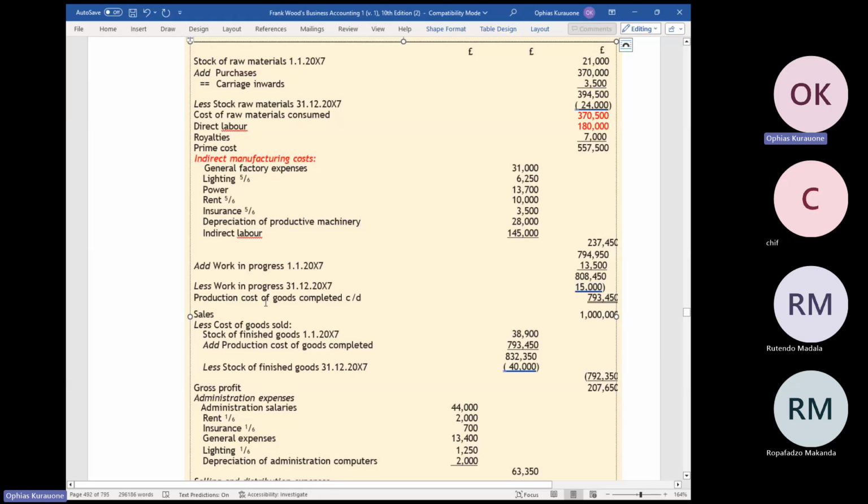Then we get the production cost of goods completed. Here we have done with our manufacturing account.